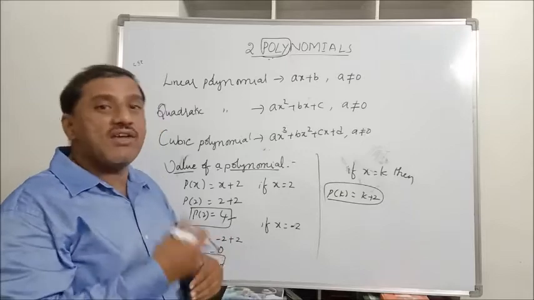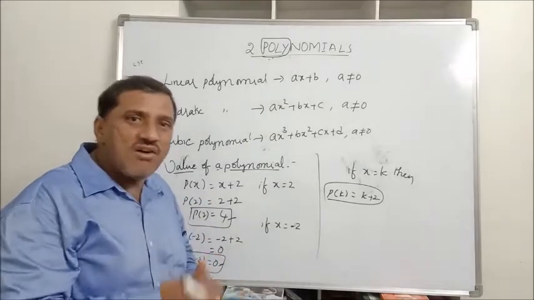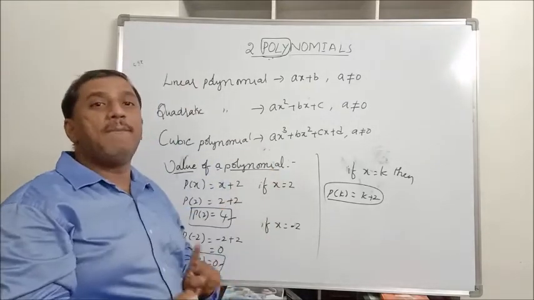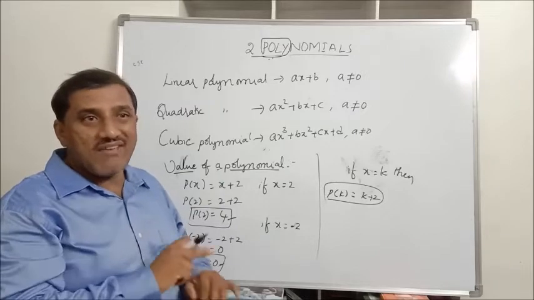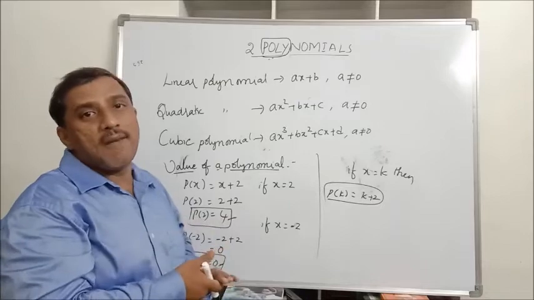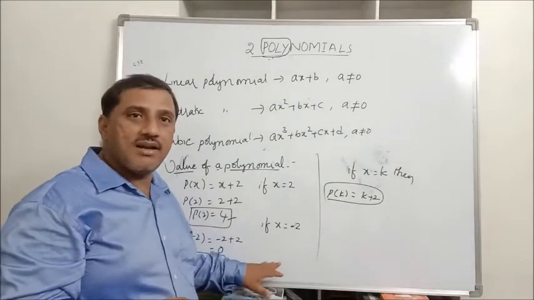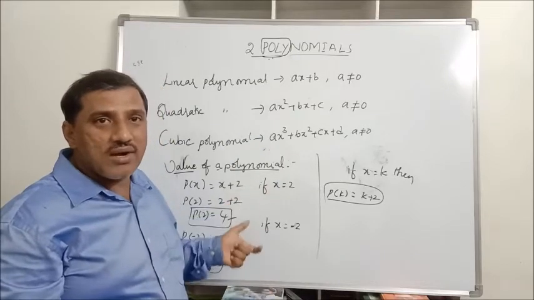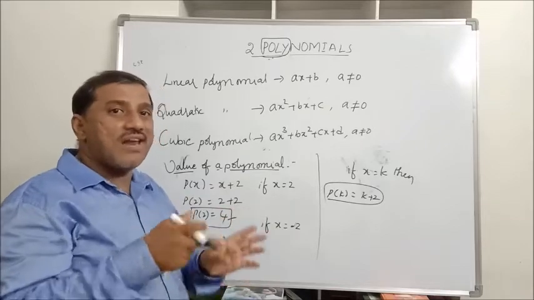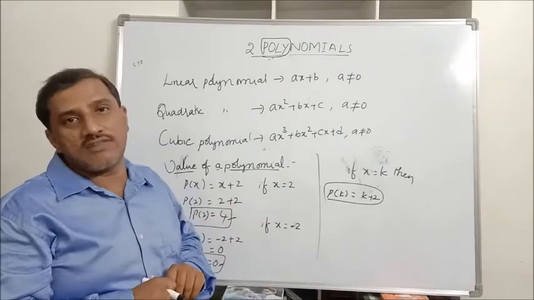The value of a variable, that is the value of x or y or z, for which the value of the polynomial becomes 0 when we substitute it in place of the variable, such values of the variable are known as zeros of the polynomial.